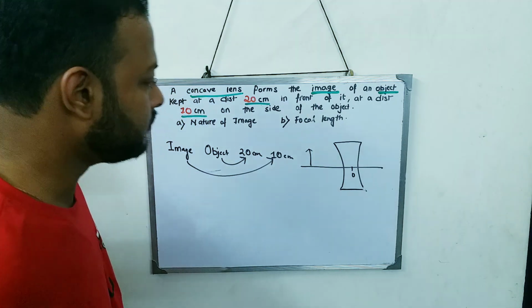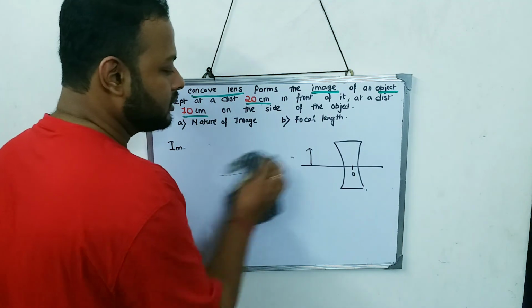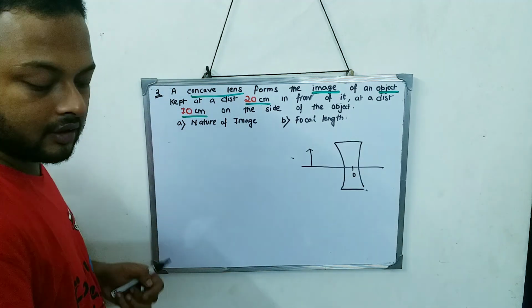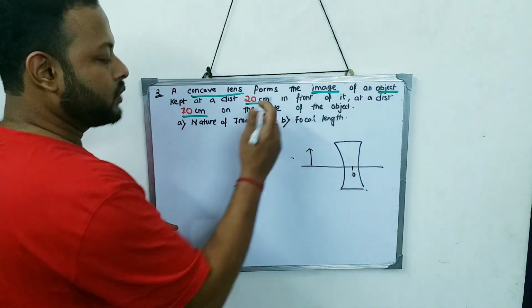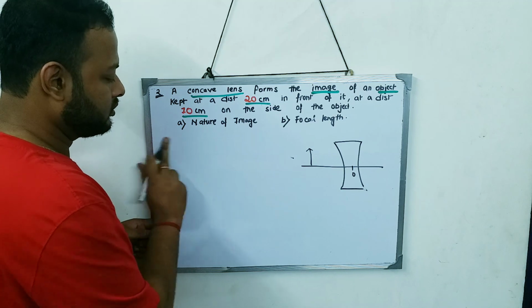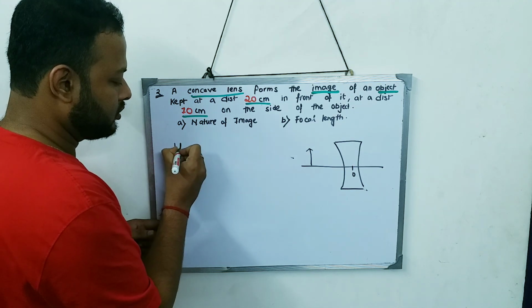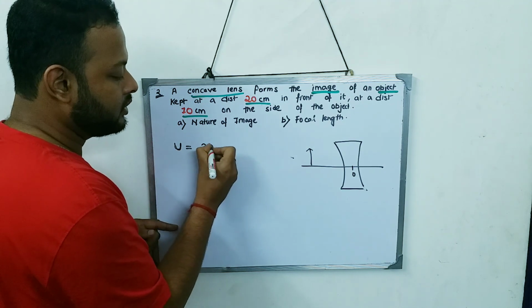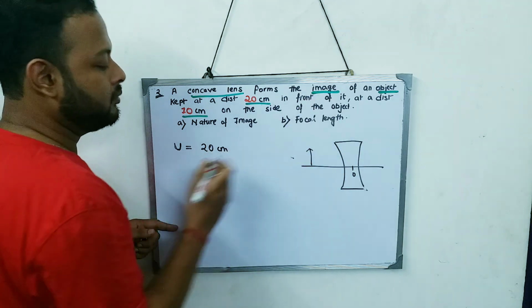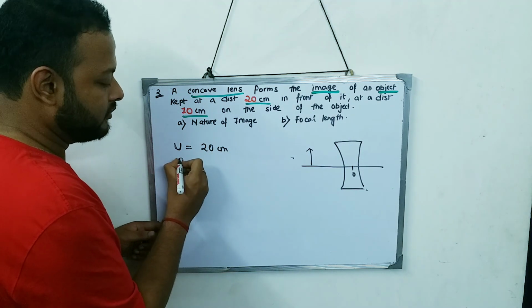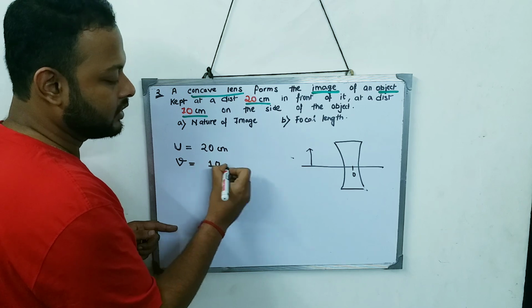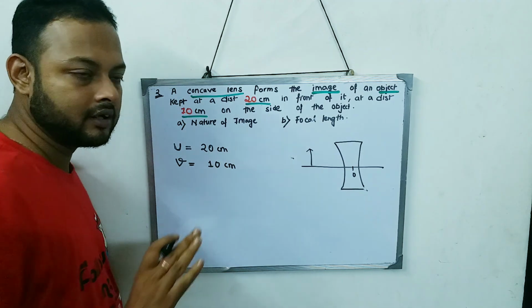So if you understood this, then I can write object distance is 20, so my u value is equal to 20, and my image distance, that is the v value, is equal to 10 centimeter. Okay, clear?